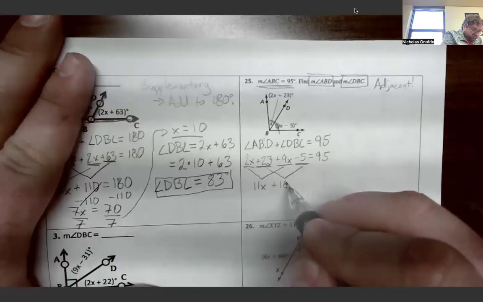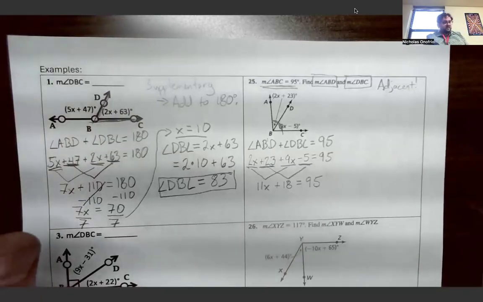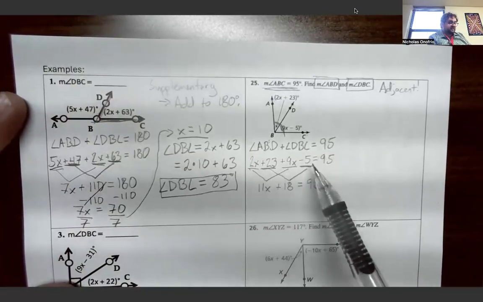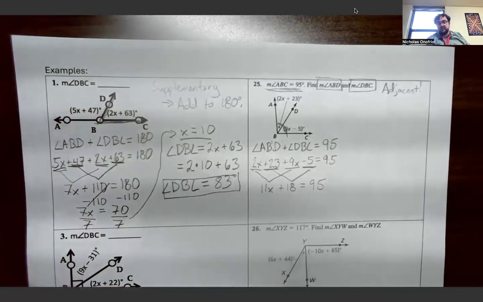So now 11x plus 18 equals 95. If you don't like combining them like that, I would just combine the x's and then get rid of these one at a time. That works just fine too. I know some of you like to do that.